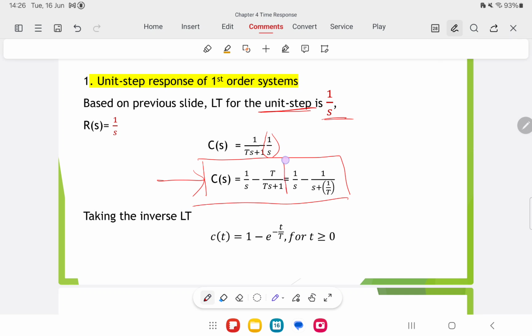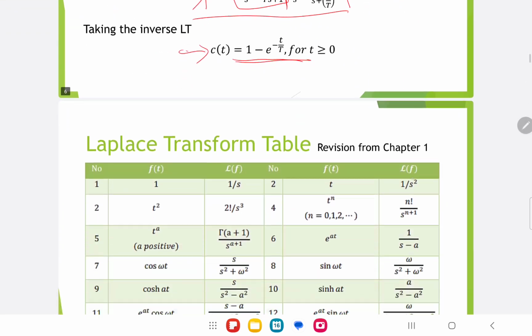We actually solve this using partial fractions, then you can get this one. And the one below here is taking Laplace. That is why for chapter 4 we are still dealing with the Laplace table. In the test you will get the Laplace table as well.